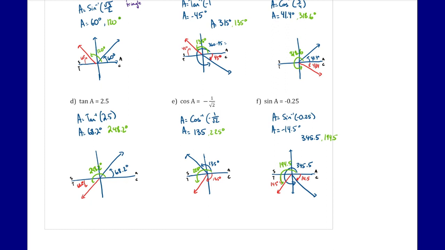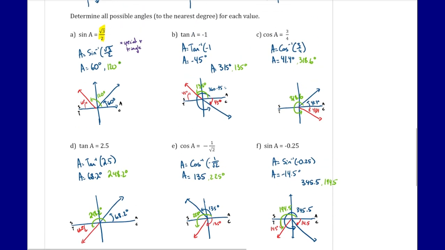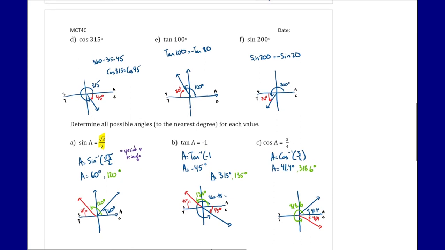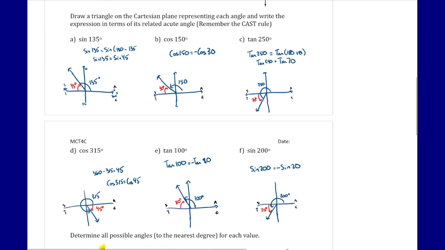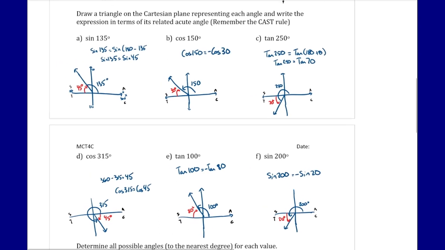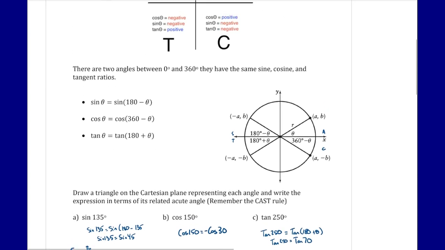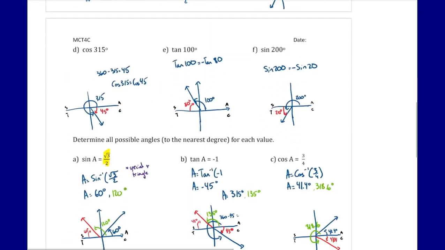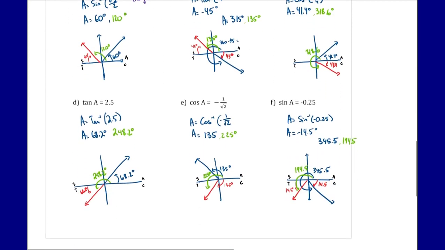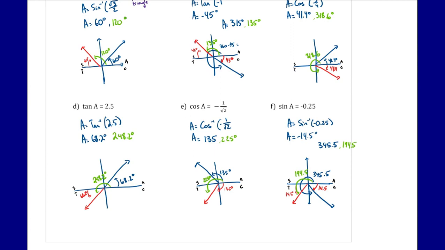Because when we use measurements and come up with a ratio, we might get the same value for two different angles. So we need to be aware of those pairs of angles that give us the same values in trig, so that we know there could be multiple angles that give us those same values. So again, it's about understanding the CAST system and where positive ratios are going to be.